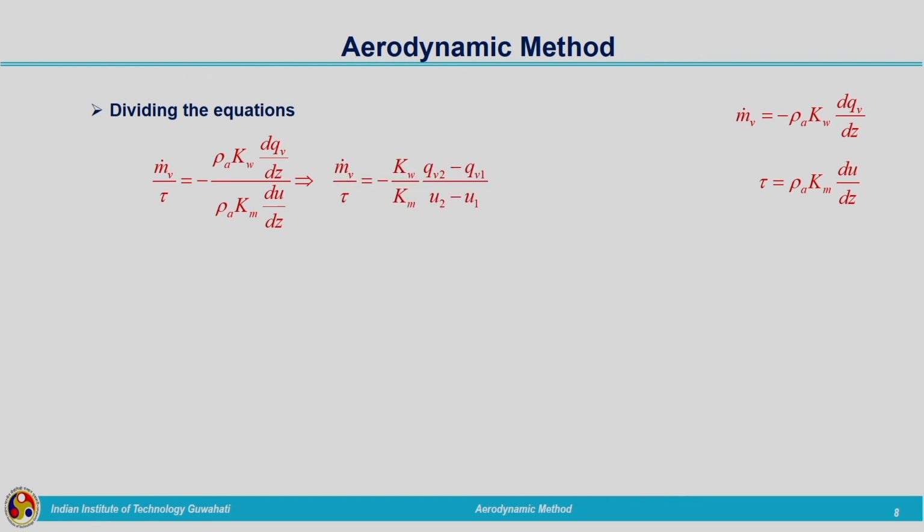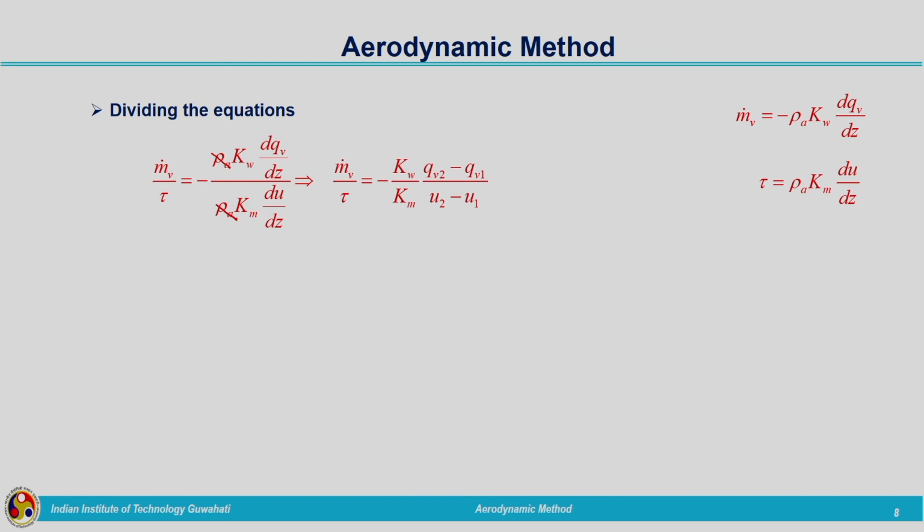So, mv dot divided by tau is equal to minus, rho a gets cancelled, kw by km, and for dqv by dz and du by dz we will write the difference equation, where z2 minus z1 gets cancelled, and our expression takes the form qv2 minus qv1 divided by u2 minus u1, that is mass transport divided by momentum transport.